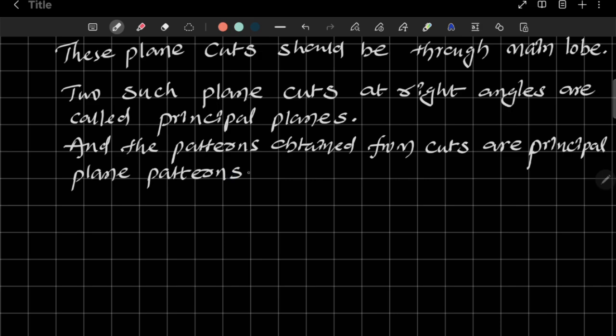Already we know pattern can be taken for the field or for the power. And generally these are XZ and YZ planes.